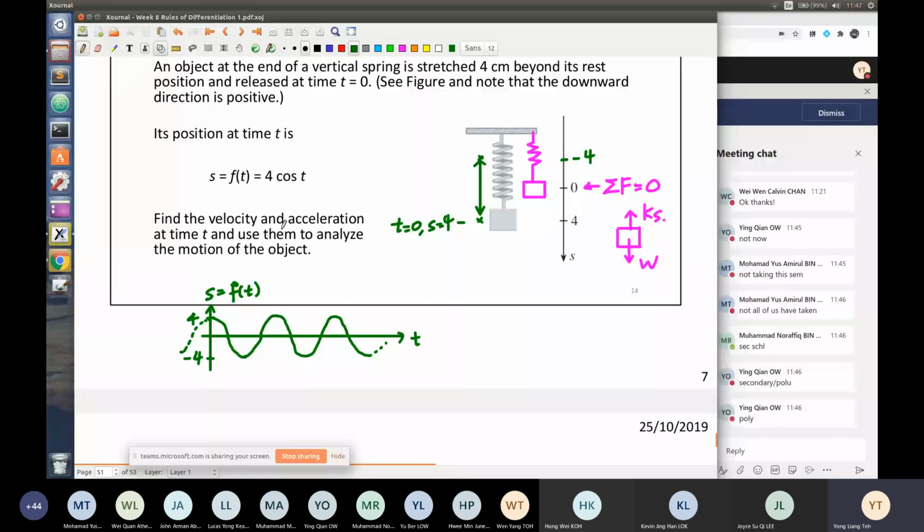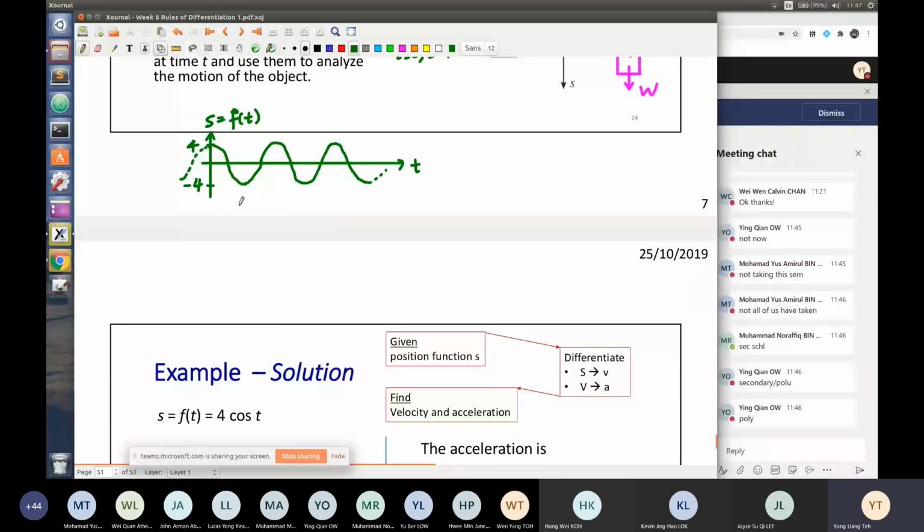So having understood the concept of this function in its application to the spring mass system, now we are supposed to find the velocity and acceleration at time t and use them to analyze the motion of the object. Previously we have learned that the velocity function is just the differentiation of the displacement function.